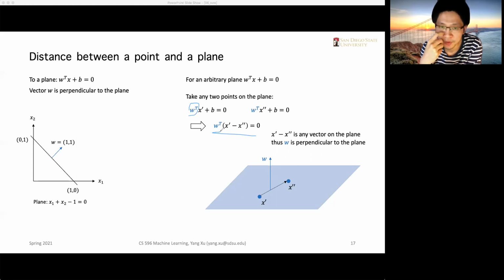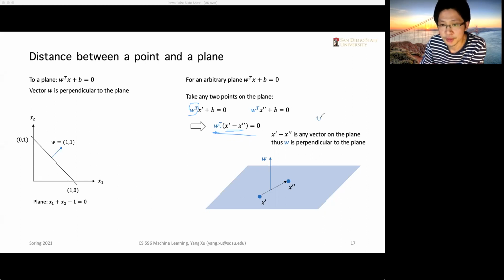Yeah. If the dot product is 0, that means W is perpendicular to this vector. Is it because we are using transpose? Yeah, the transpose is to make this dot product valid.